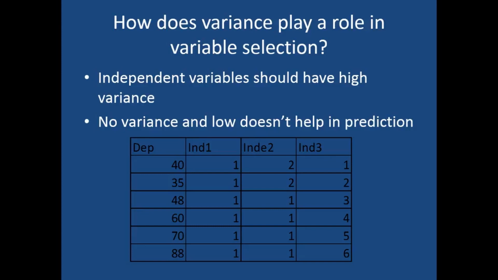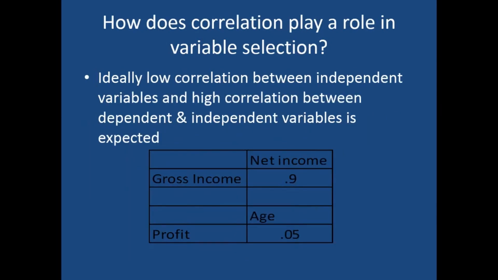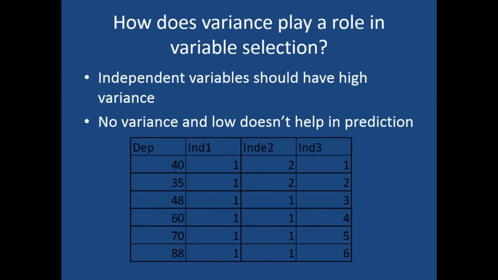So let's take an example. We have one dependent variable, the first one, and three independent variables. In independent variable 1, all the values are constant. That means if you compare the values of the dependent variable with independent variable 1, it doesn't really change.